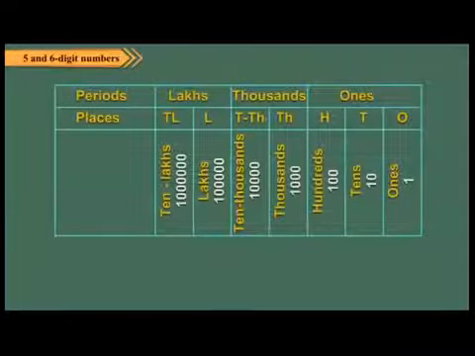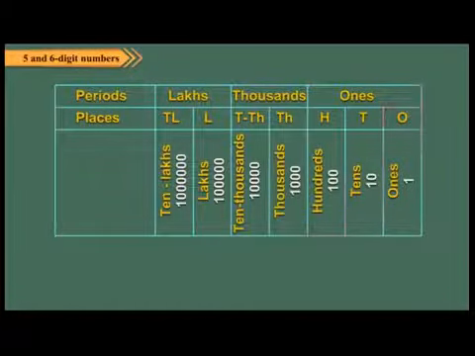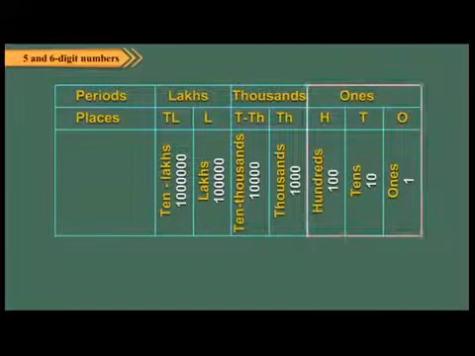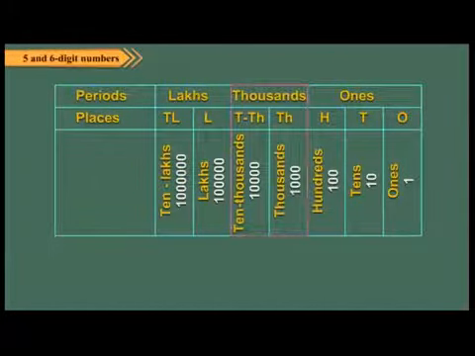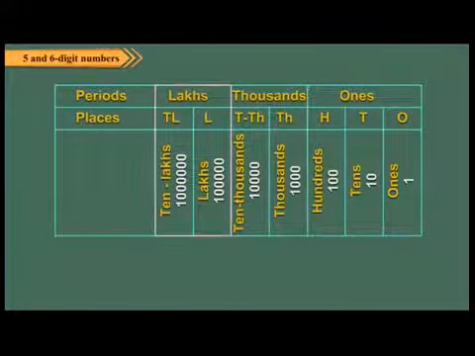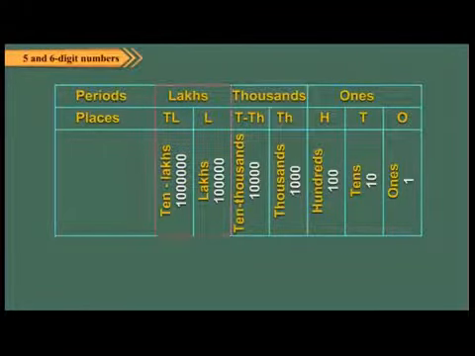To read and write large numbers, we use a place value chart called the Indian Place Value Chart. Here, the 7 places are grouped into periods. The first 3 places from the right form the ones period. The next 2 places form the thousands period. And the last 2 places form the lakhs period.